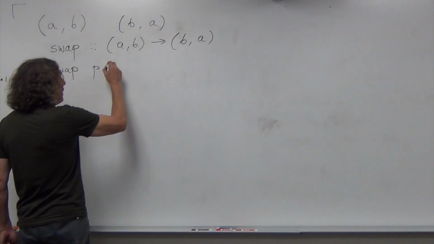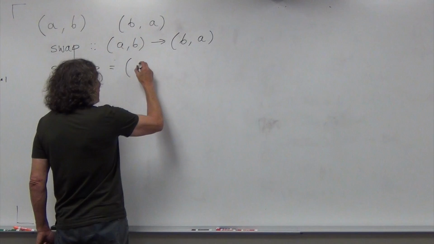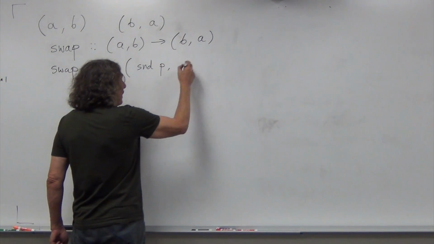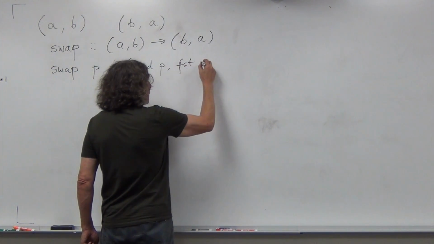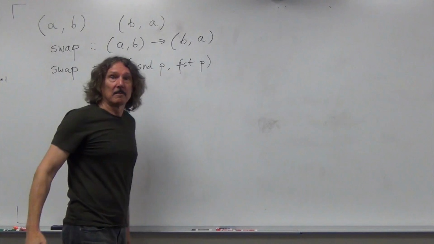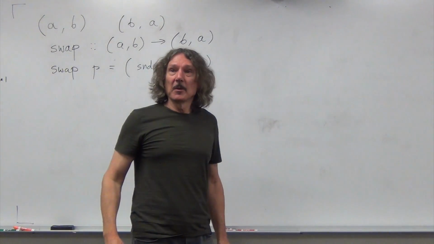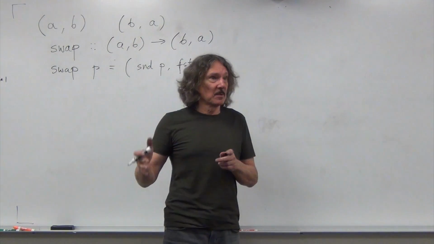Swap takes a pair and produces another pair in which the first element is the second of the pair and the second element is the first of the pair. Okay? So it is not symmetric really, but it is symmetric up to isomorphism.